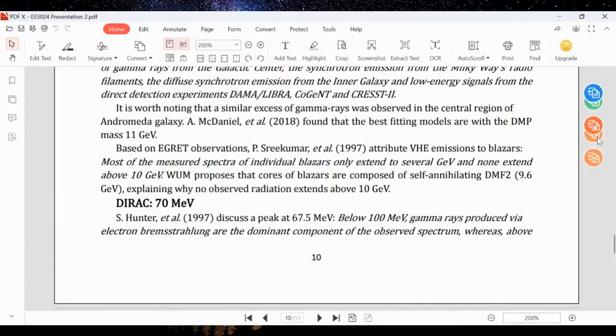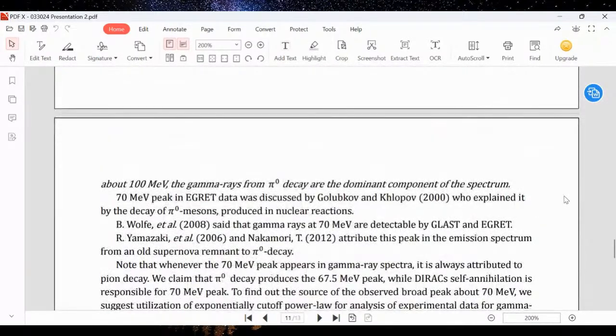Dirac, 70 mega-electron volts. Hunter discussed a peak of 67.5 mega-electron volts. Below 100 mega-electron volts, gamma rays produced via electron bremsstrahlung are the dominant component of the observed spectrum, whereas above about 100 mega-electron volts, the gamma rays from pion decay are the dominant component.